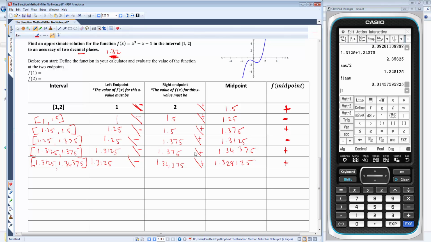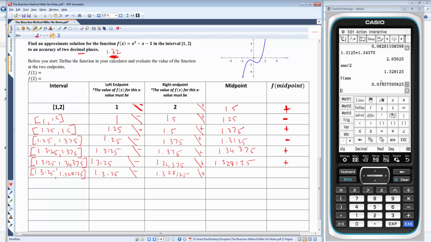Okay, so let's go through it on this. It's between 1.3125 and 1.328125. 1.3125 was negative. 1.328125 was positive.